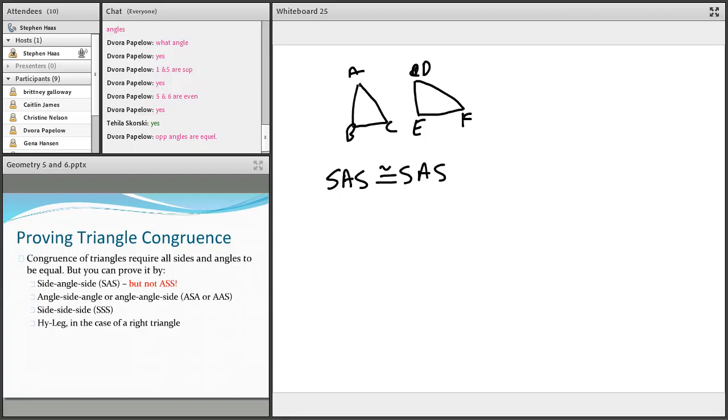So if I can prove AB is equal to DE, and BC is equal to EF, and then the angle in between, angle E is equal to angle B, I have now proven that these two triangles are congruent by a method called SAS, because they're side, angle, side.